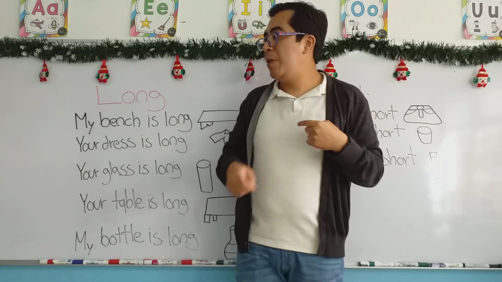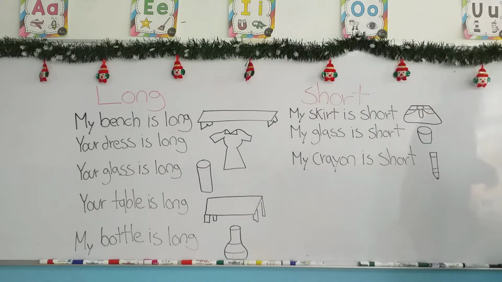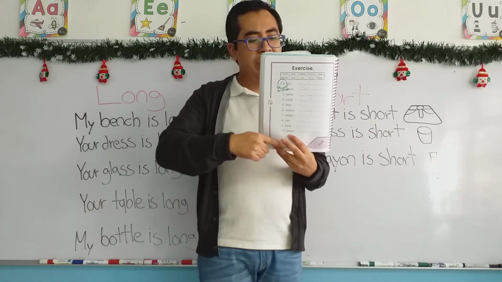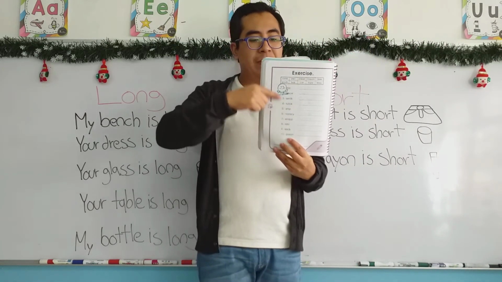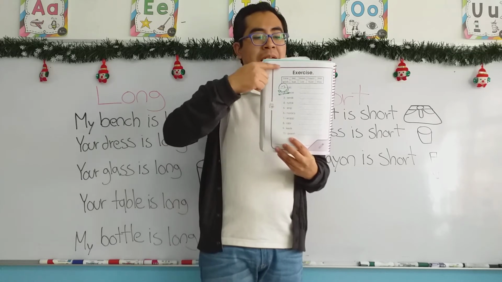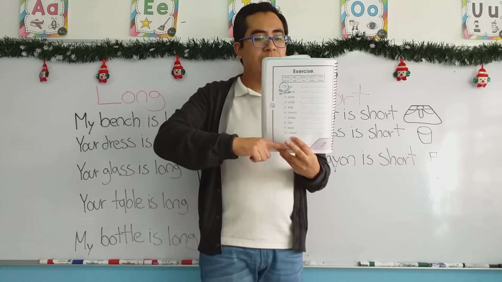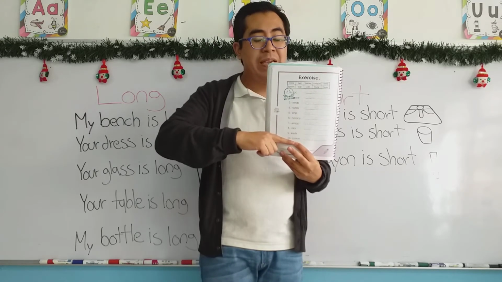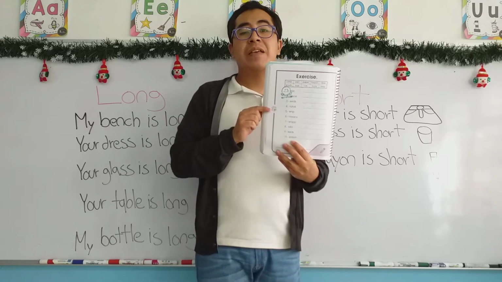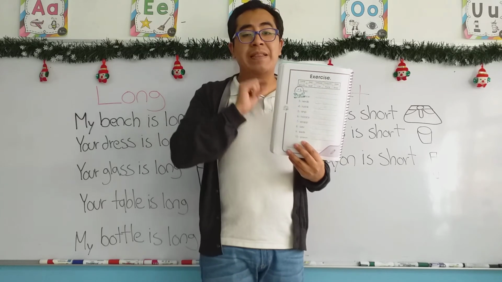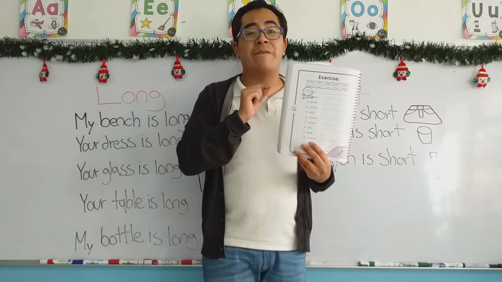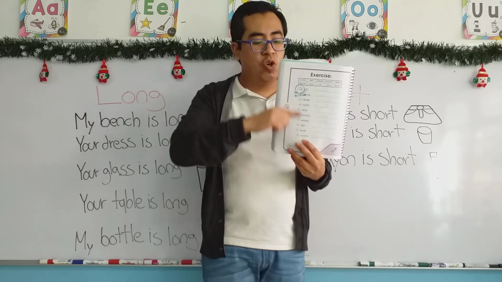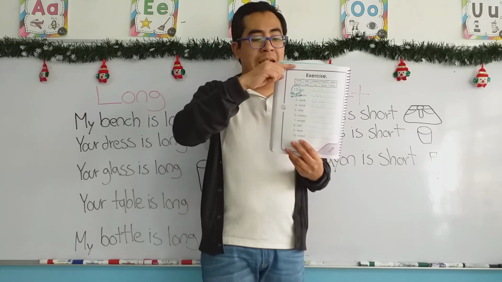For example, my book is short. Mi libro es corto. That's why it's necessary that when you make your sentences, you utilize the verb is. My book is short. Mi libro es corto.